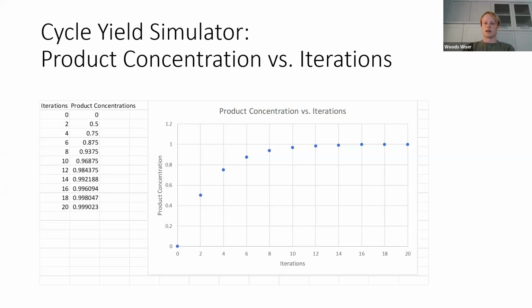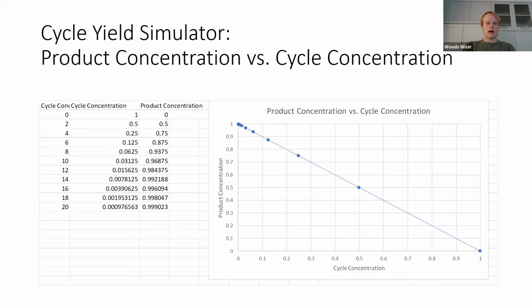And actually, the data that we acquire from doing a few iterations is enough to figure it out. So if we plot the concentration of a given product on the y-axis versus the concentration of species within the cycle for a given iteration, what we get is this linear plot.